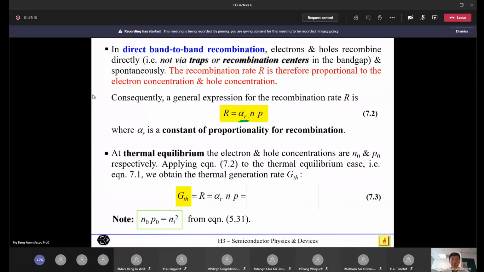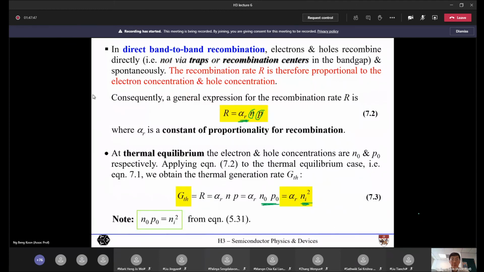So this n and p is whatever the concentration of the carrier is in the particular situation that you're analyzing. In the case of thermal equilibrium, this n and p is simply n naught and p naught. If you put that in, then you see that we have an n naught p naught, which based on mass action law is simply n_i squared, right?